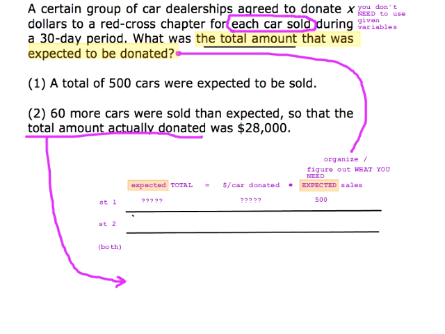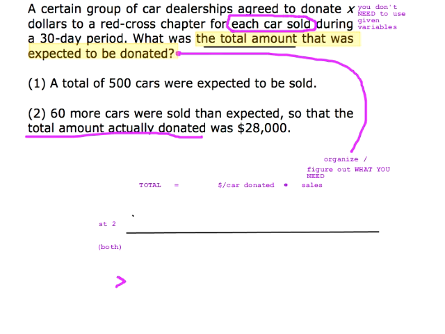So maybe what we should do here is amend this organization so that the total is dollars per car times sales. And then we can make rows for expected and for actual. And so this is for statement 2.